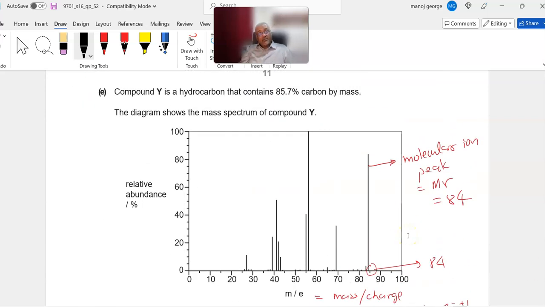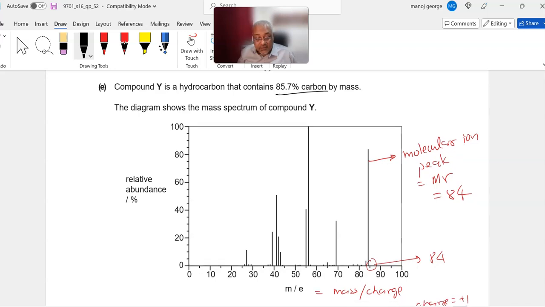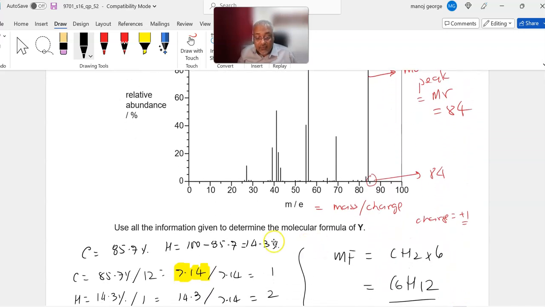Now, mass spectroscopy as of 2022 has been pushed down to AS level. Well, anyway, I'll quickly go through it. If there is a hydrocarbon which contains so much of carbon, you understand that the remaining would be obviously the hydrogen there. For the first part of this question is, how do we figure out the molecular formula of Y?